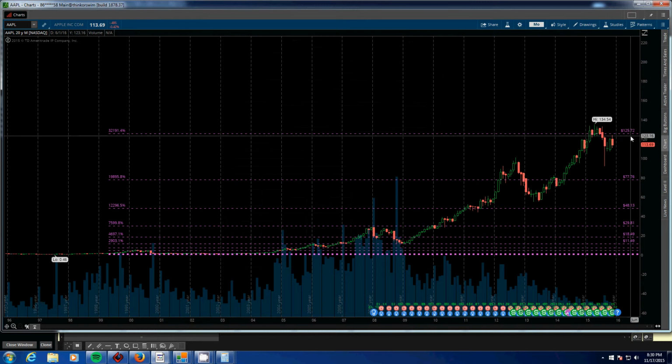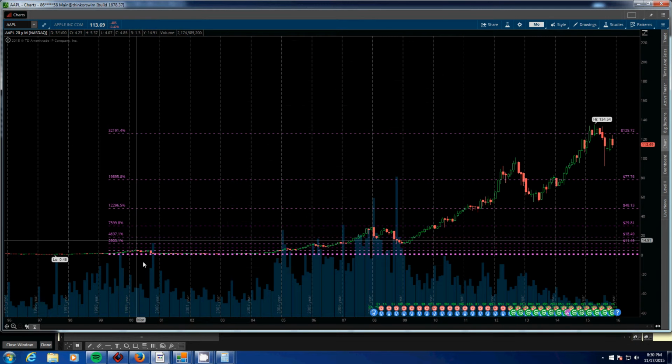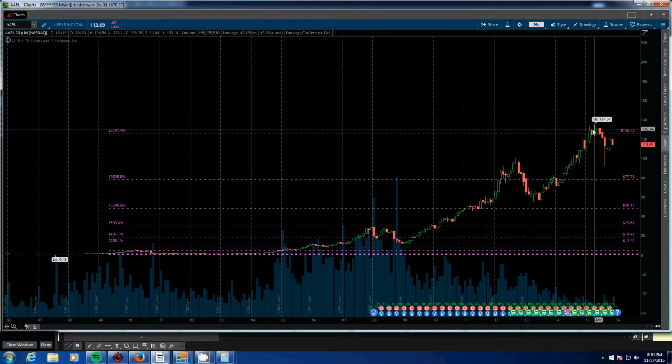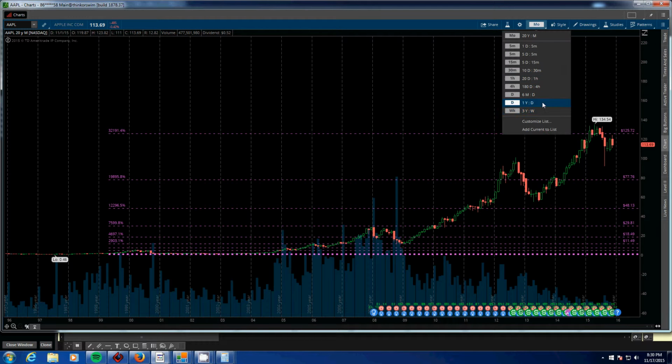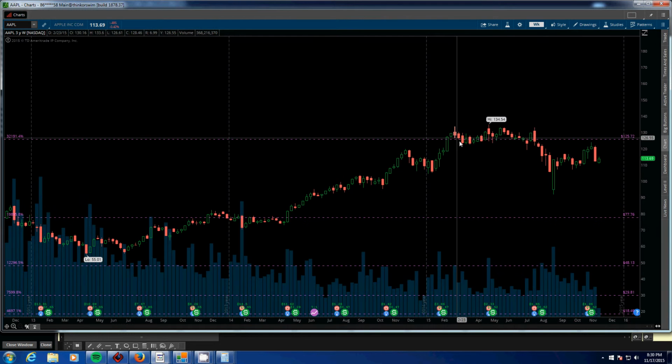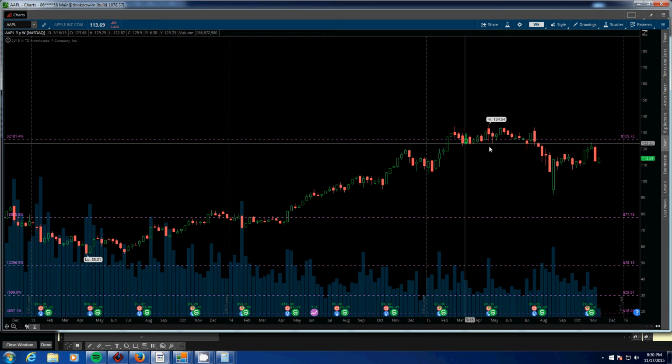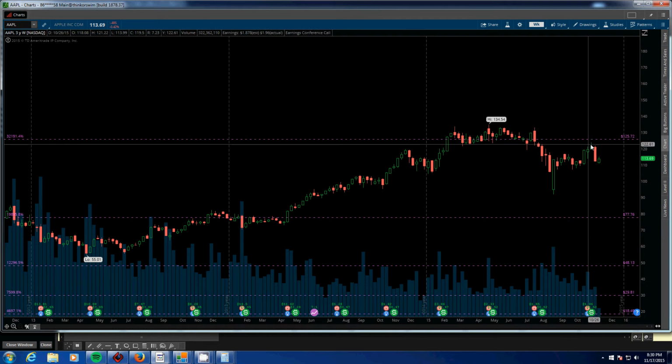Then you can see something pretty interesting. That golden Fibonacci level comes right in this price range. We can see the consolidation around that point, and then the rejection at that price.